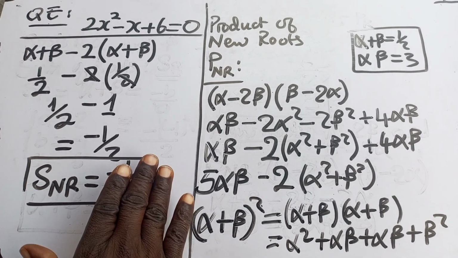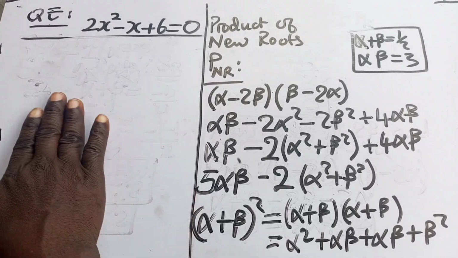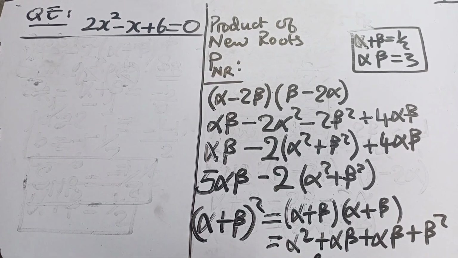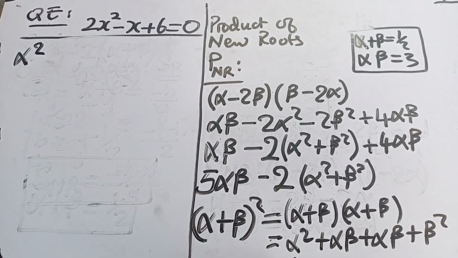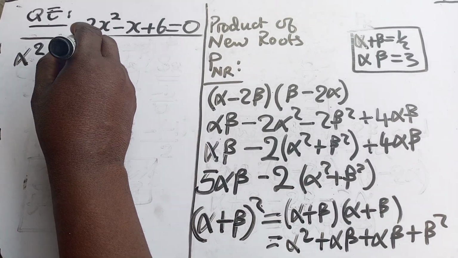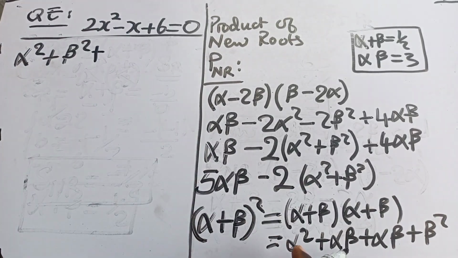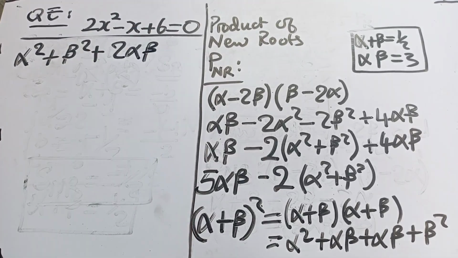Now, from here, what we need to do is to continue to arrange. We'll have alpha beta, there are two of them. So we're going to have alpha squared, this one, plus beta squared, plus alpha beta is 2 alpha beta.